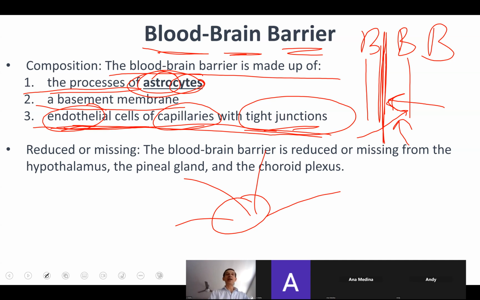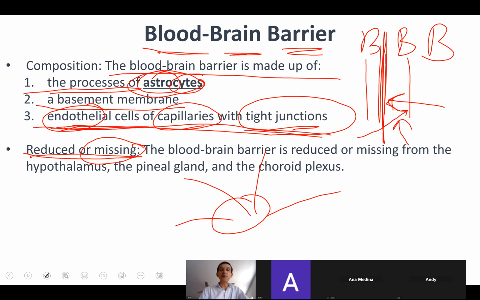Now, do know that there are a couple of places in the brain, about 7, where this blood-brain barrier is reduced or missing altogether. And that's okay. We do need that too. In fact, we take advantage of it because that's how medications going to the brain can actually get to where they're going.